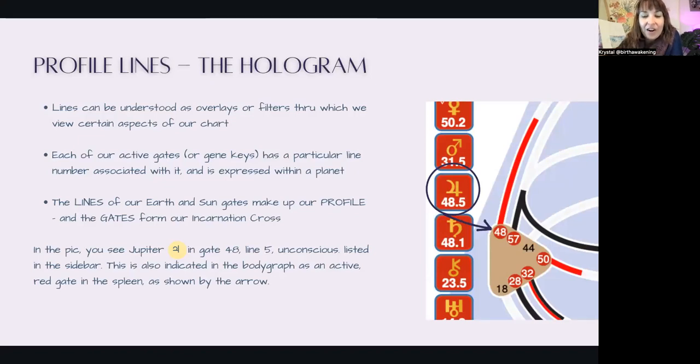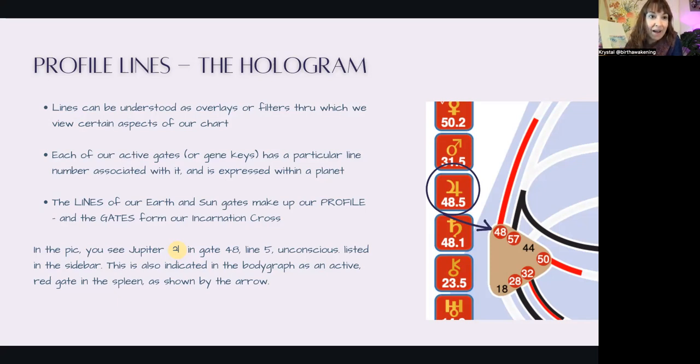when we look at our Jupiter, for instance, here we have it shown as 48.5. So the .5, the number on the right side of the decimal point, all of those are line numbers, right? So line 5 is leadership. It's maybe suspicion. It's that heretic nature, and it's coming through in Jupiter.